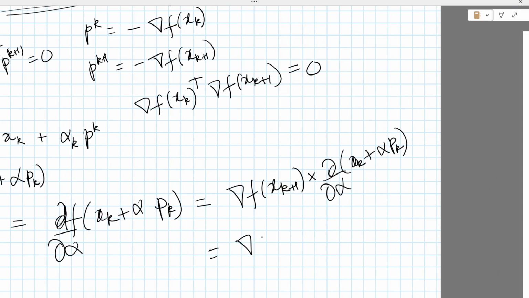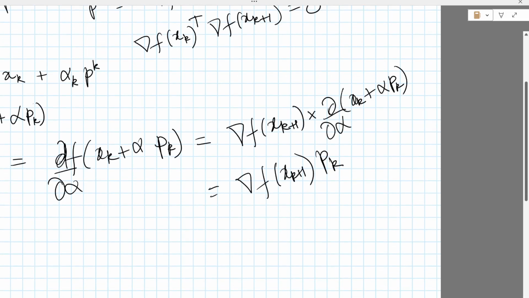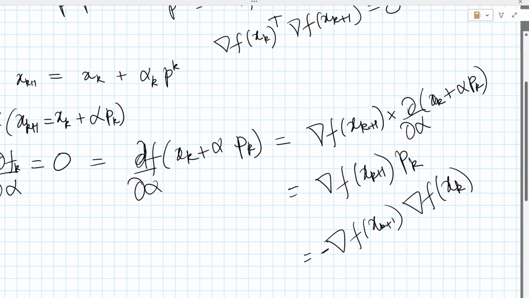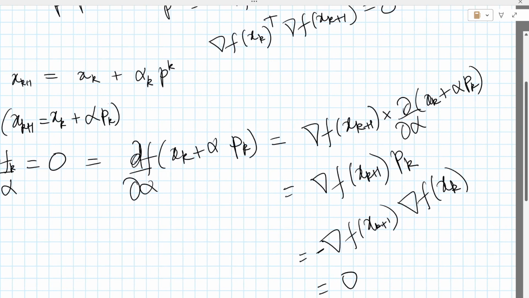So this is basically the gradient at xk plus 1, and here you will get pk, and pk, if you are using steepest descent, is the negative gradient at xk. So if we are setting this to 0, this is equal to 0. Here it should be transpose actually.